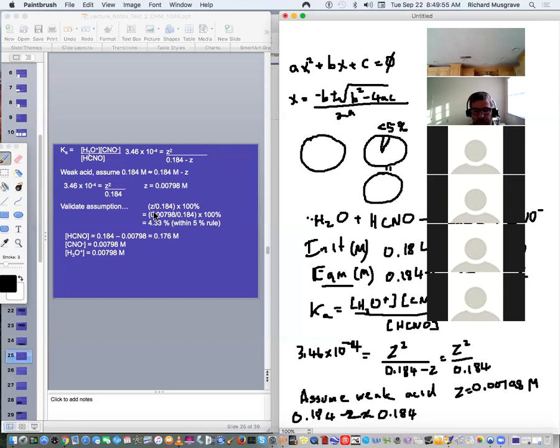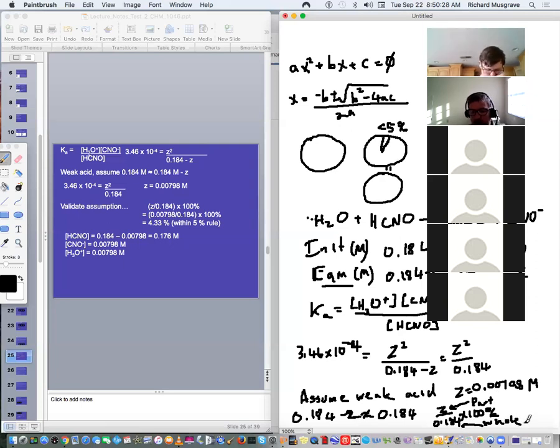So what you do is you take the z value and divide it by 0.184 and multiply it by 100%. When you're doing percentages, it's always part divided by whole. So there's your part, which is the z, and there's your whole, which is the 0.184.